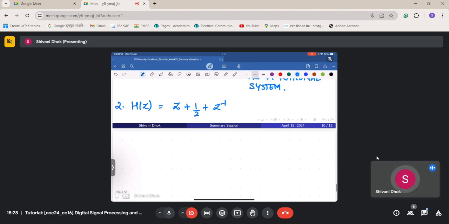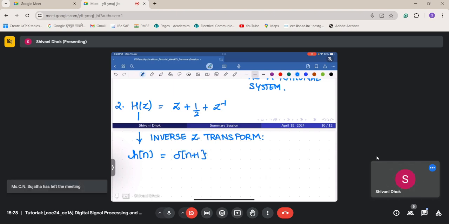Now we can find its inverse z transform. So this will be h of n as delta n plus 1, plus half delta n, plus delta n minus 1.